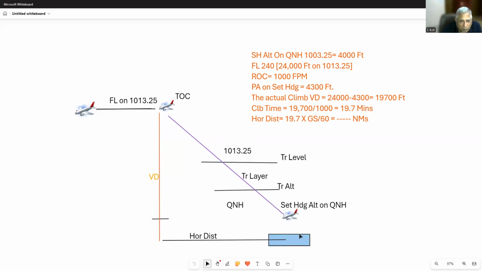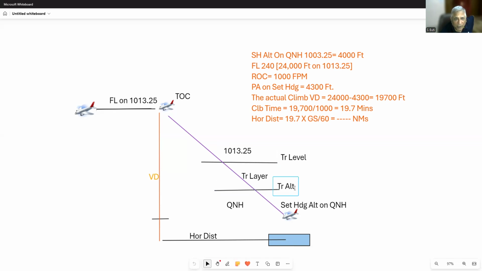So when you land over here on local QNH, your altimeter will read the aerodrome elevation, so many feet above mean sea level. Remember, below transition altitude remain on QNH, above transition level remain on 1013.25, and all flight levels are above the transition level, and this layer in between is called transition layer. How these are calculated, we will study in MET.